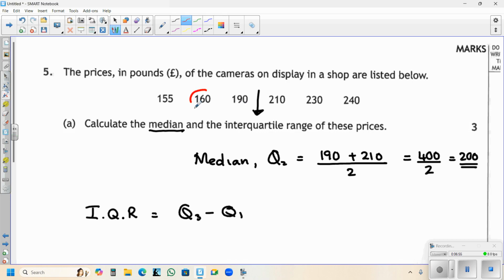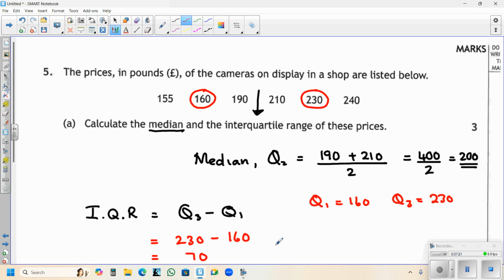The middle number there is 160. We want to look for the middle number in the upper list, which is 230. So Q1 is equal to 160, and Q3 is equal to 230. So the interquartile range is 230 minus 160, and that is equal to 70.